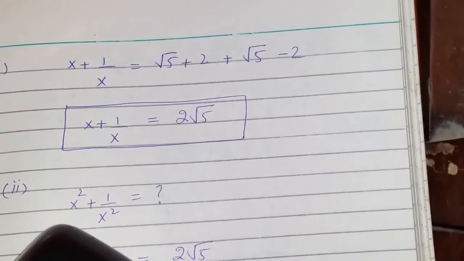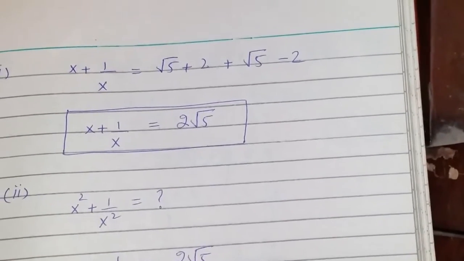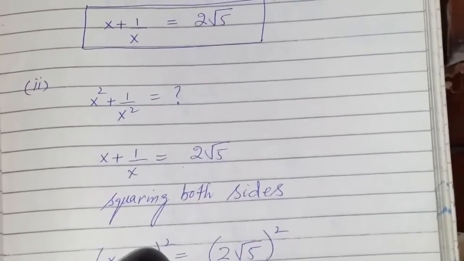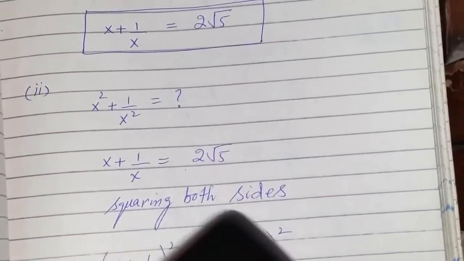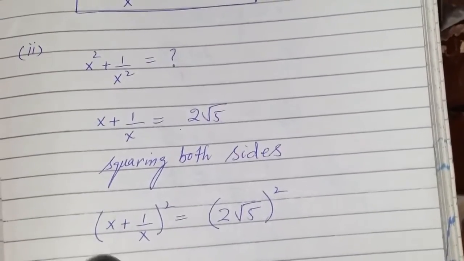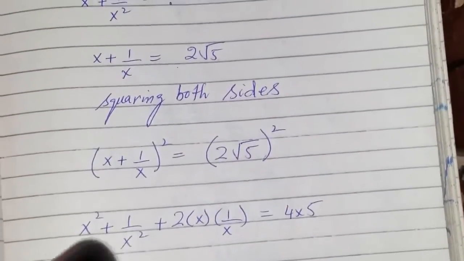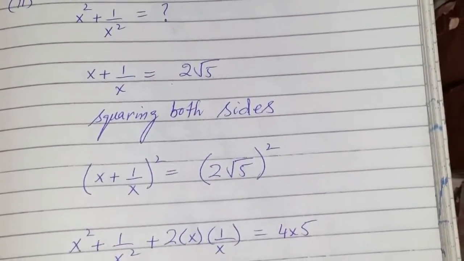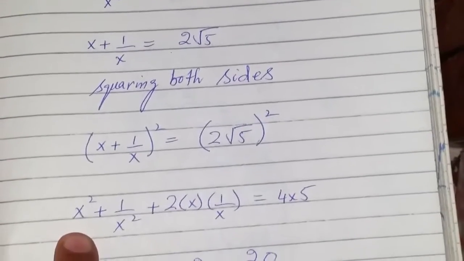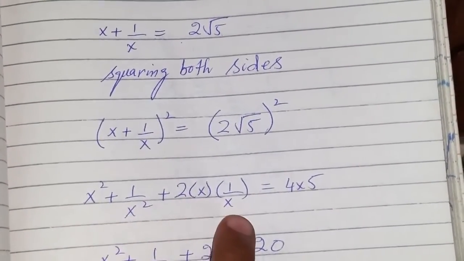Now I want to find the x square plus 1 over x square value. For this I am taking this value here and squaring both sides, and I can expand the square of this term: square of the first term, square of the second term, plus 2 times first term into second term.